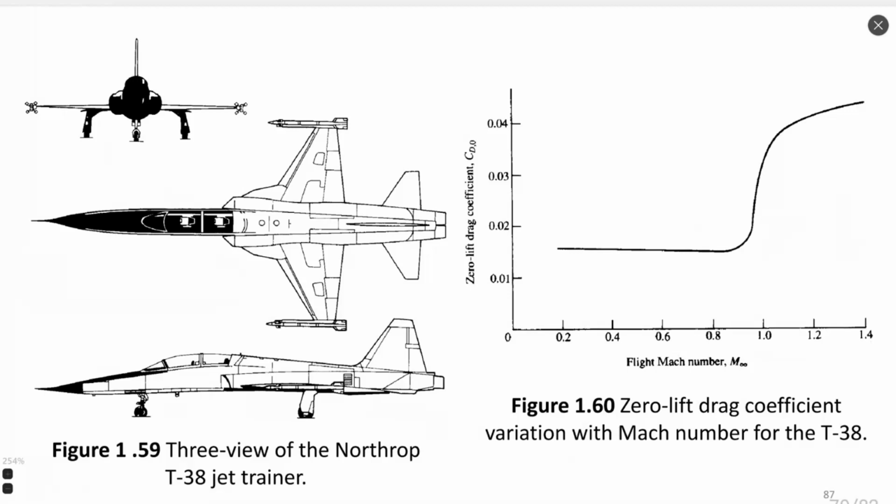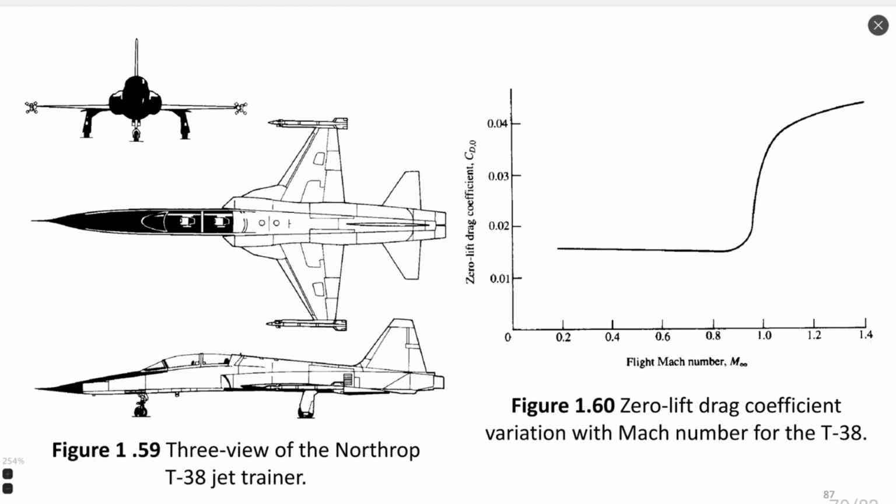Another process that is explained is for a supersonic airplane, the T-38 jet trainer, showing the zero lift drag coefficient variation with Mach number, which is another parameter that has influence on drag coefficient.